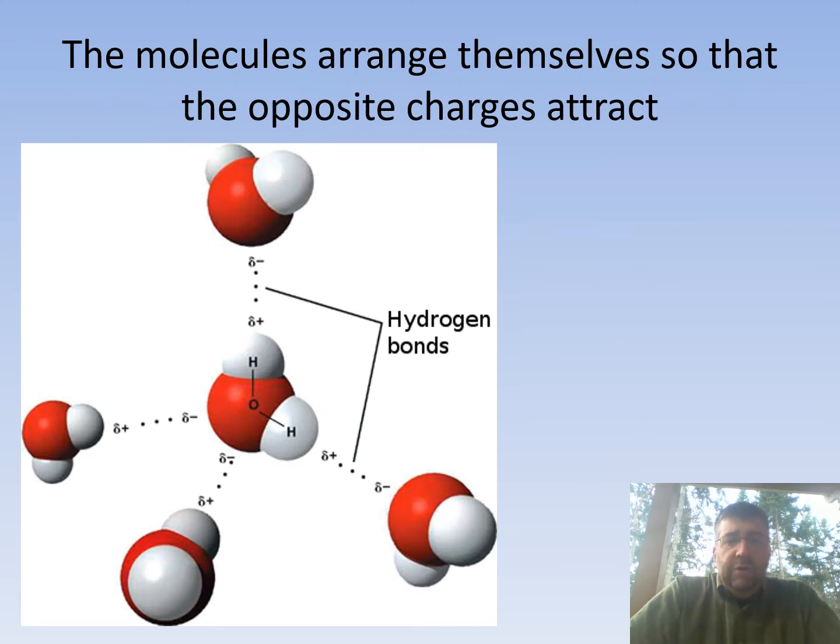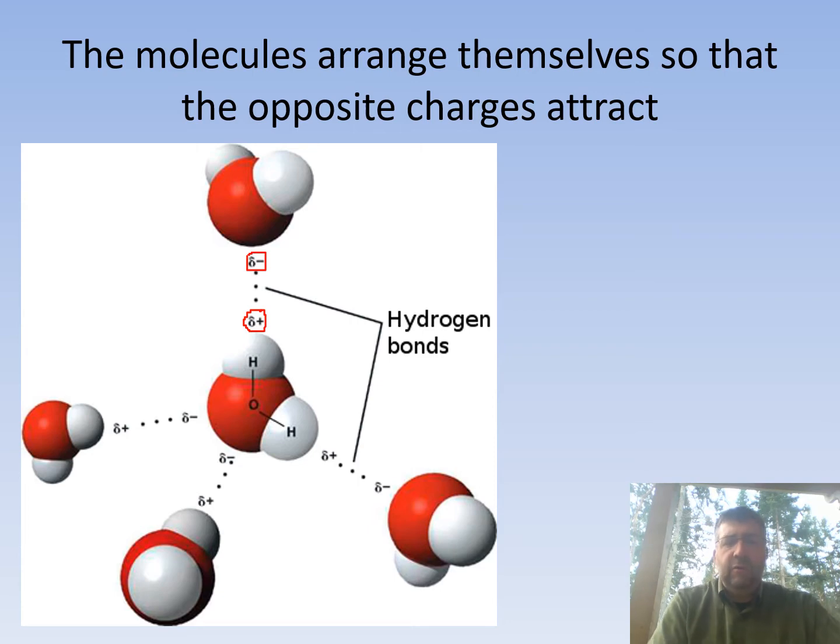So this image here kind of shows how these water molecules will line up. Now, these are not full charges, so we do not use a positive and negative symbol like we do with ionic bonding, like ions. Instead, we use this symbol here, which is the lowercase Greek letter delta, and we say it's delta positive and delta negative, and that represents a partial charge.